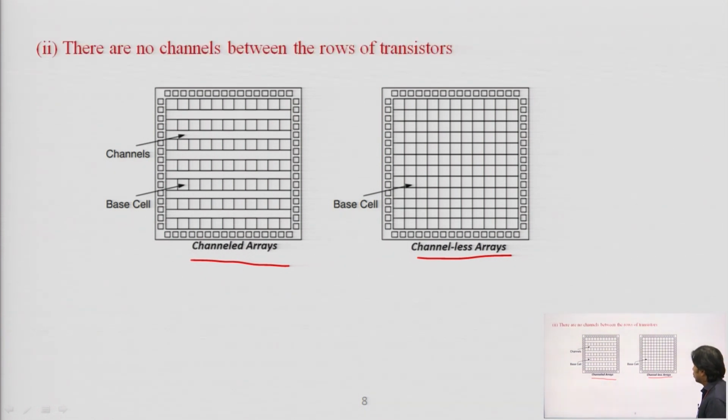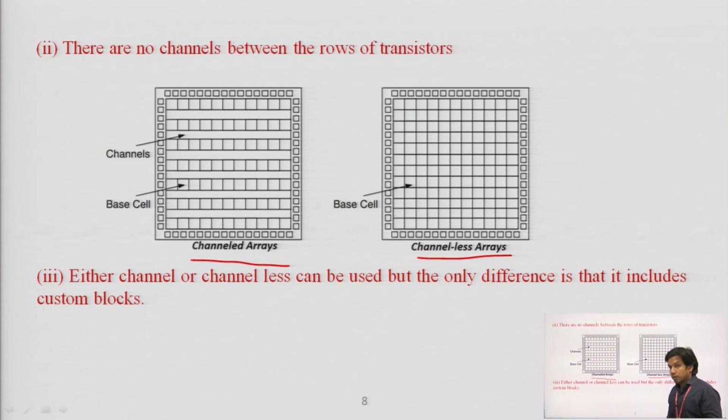So, there are no channels. Now, the last is structured. In that particular structured type of gate array, we can have either a channel or a channel-less array. So, how can we identify the difference? In the structured type, you will see different blocks over here.